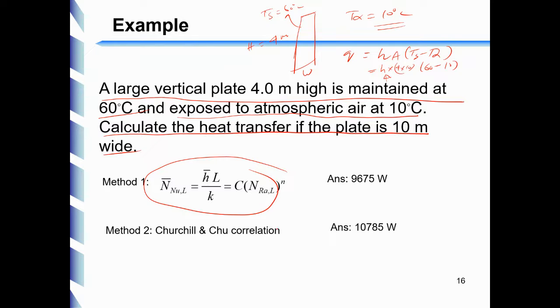Around 4.84. You can use the Churchill and Chu correlation also. If you use this correlation, I got h equal to 4.84. If you use this one, I got h equal to 5.4. So there is some difference, but it's okay.